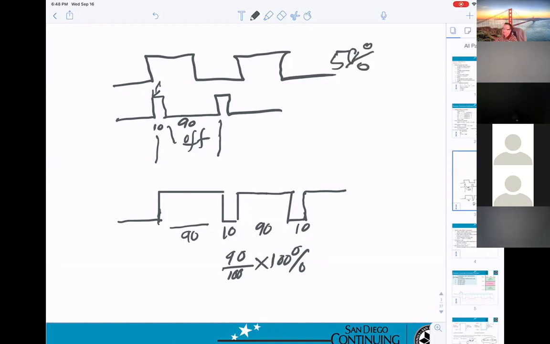No, they're talking about duty cycle. The signal here will be how they look. Is there a benefit? No, there's not any benefit.